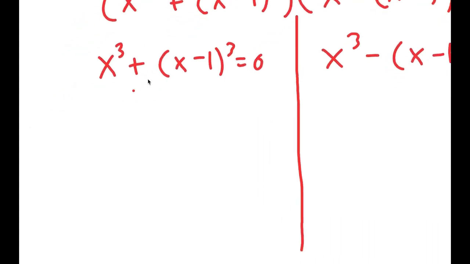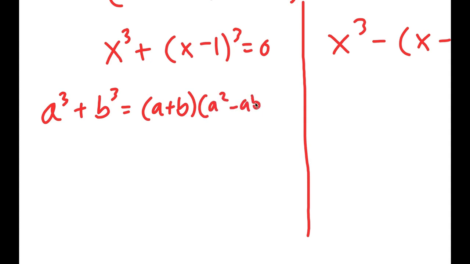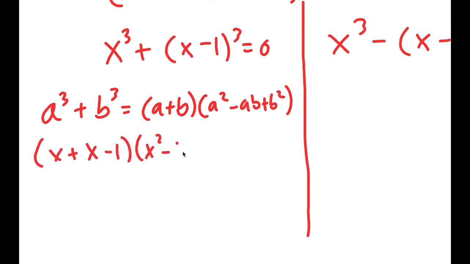So to solve my left side equation, if I have something in the form a^3 plus b^3, this is equal to (a + b) times (a^2 - ab + b^2). So in this case, I have (x + x - 1) times (x^2 - x(x - 1) + (x - 1)^2), and this is equal to 0.